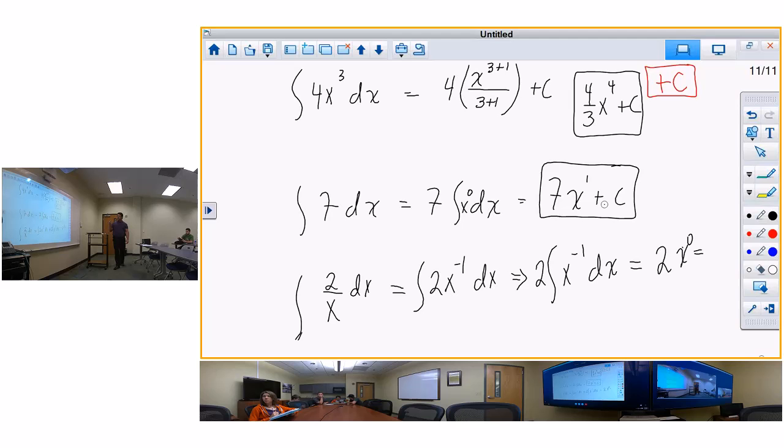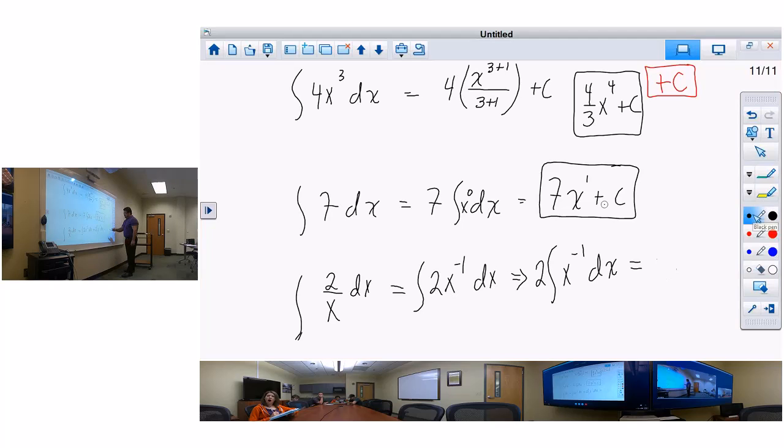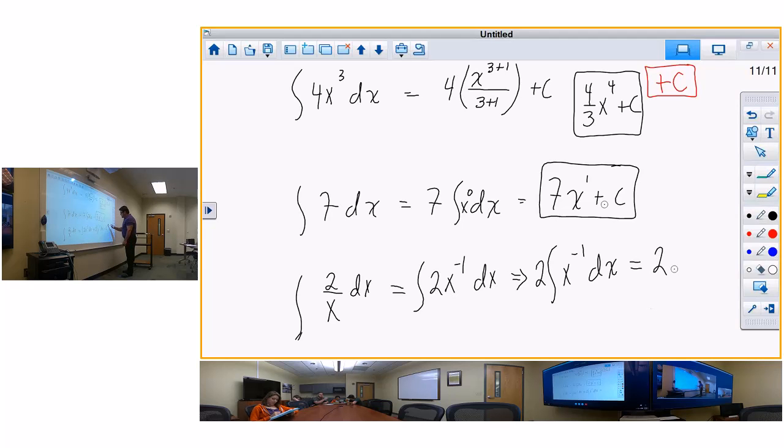Okay. The antiderivative, rewrite this right here. That's the natural log. I knew something was wrong there. You don't come out with that. This is 2 times the antiderivative of 1 over x. And what's the antiderivative of 1 over x?